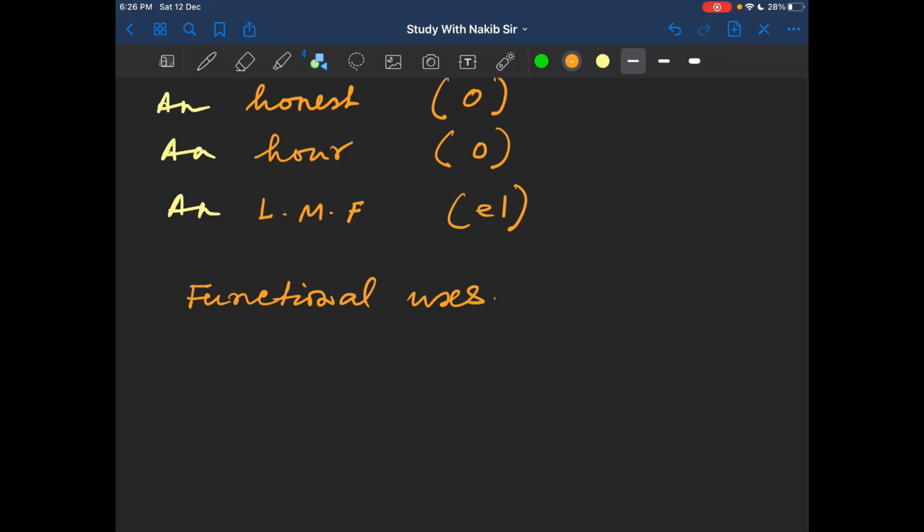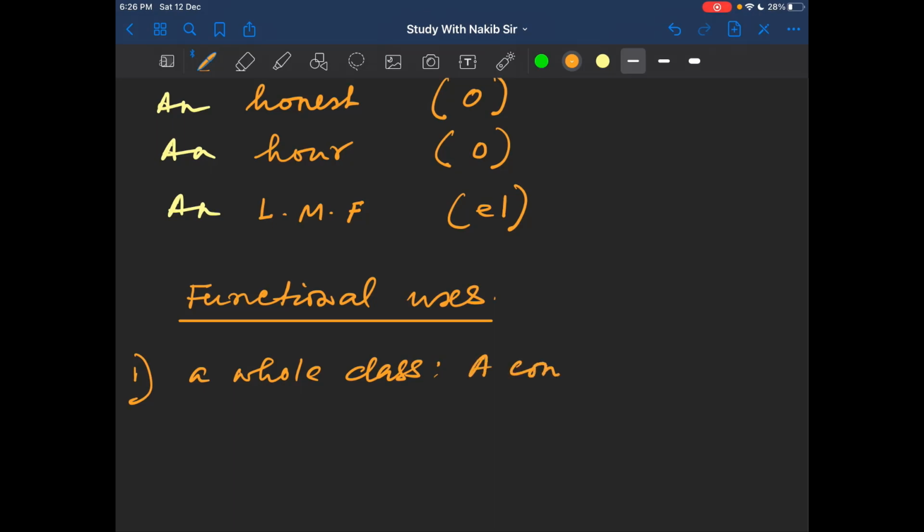Functional uses. Number 1. Sometimes a and an, these 2 articles, are used before a noun to indicate a whole class. See the example: a cow gives us milk.